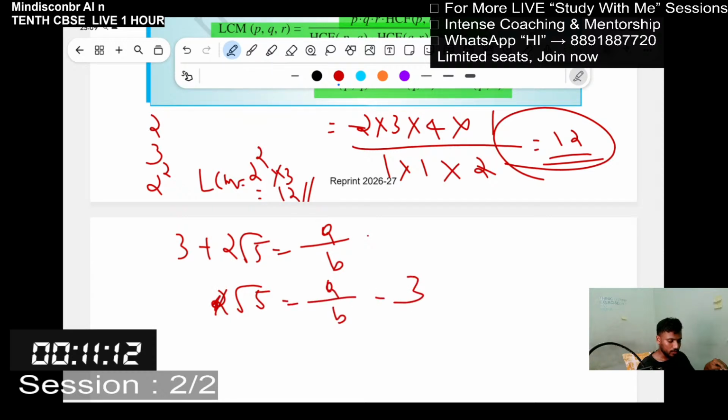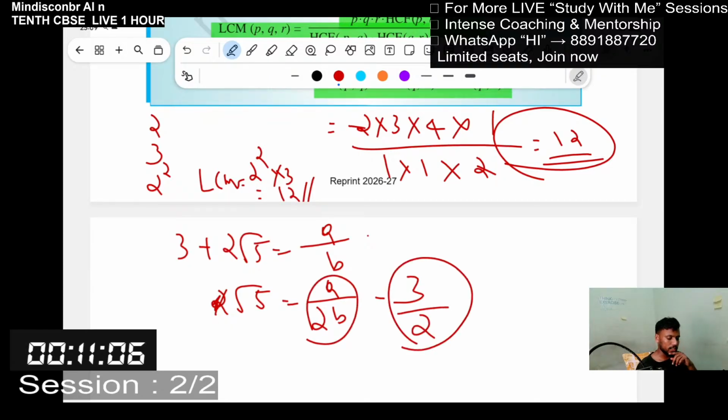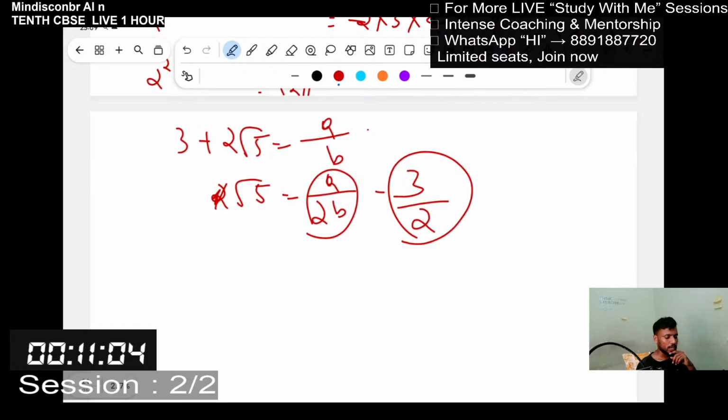Dividing by 2, we get root 5 is equal to a by 2b minus 3 by 2. 3 by 2 is already rational, a by 2b is also rational. So we will get that root 5 is also rational. But root 5 is irrational. We get this due to a wrong assumption that 3 plus 2 root 5 is rational. So our assumption is wrong. 3 plus 2 root 5 is irrational.